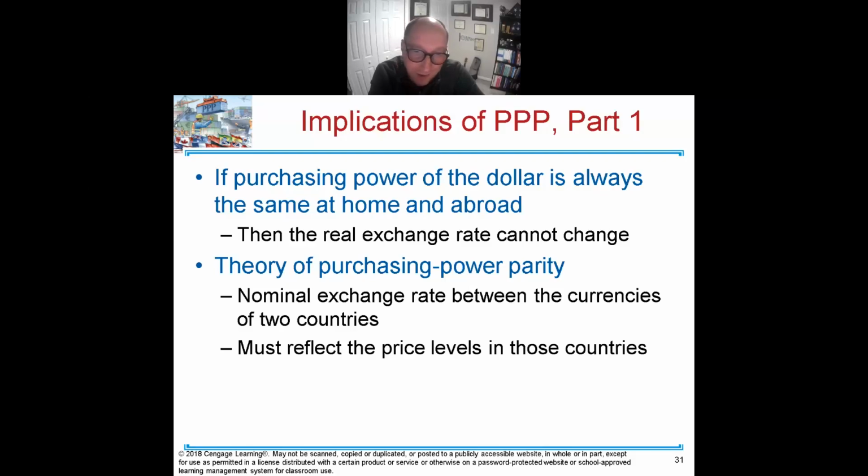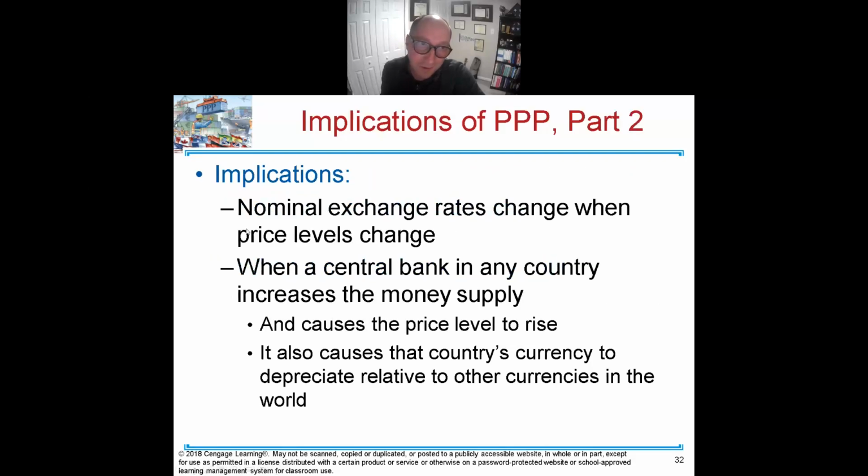Nominal exchange rates change along with the currencies of countries, and it reflects price levels of those countries. So exchange rates are going to change with price levels. That's what we expect. That's what normally happens.